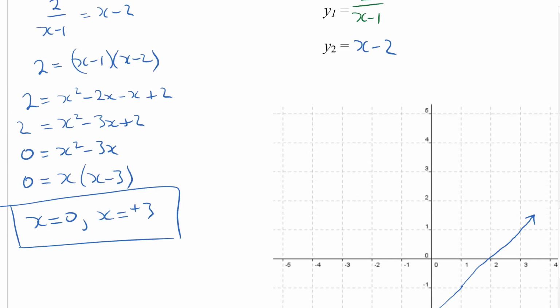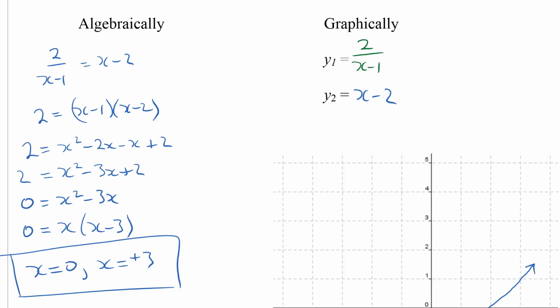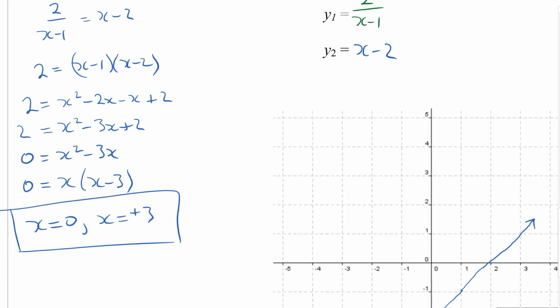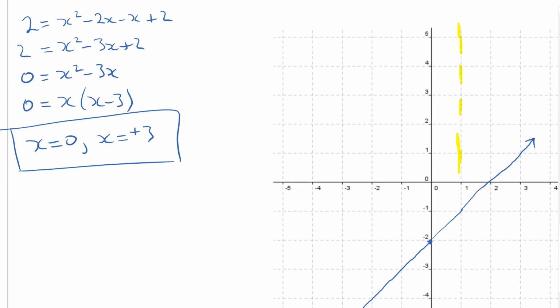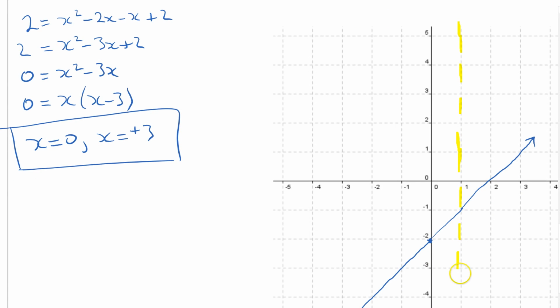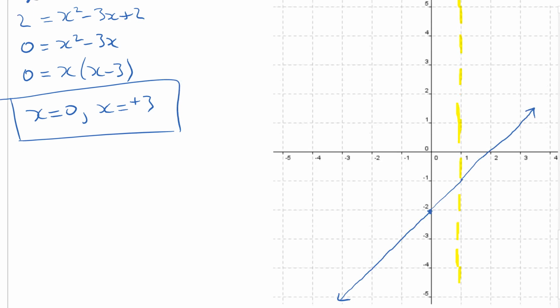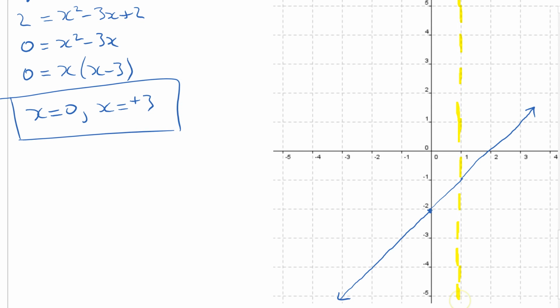And now for the other, back to green, I will have a vertical asymptote at x equals 1, and my horizontal asymptote will be on the axis at y is equal to 0.